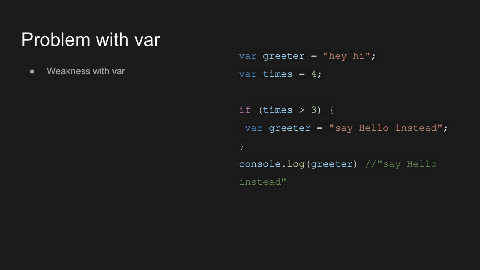While this is not a problem if you knowingly want greeter to be redefined, it becomes a problem when you do not realize that a variable greeter has already been defined before. If you have used greeter in other parts of your code, you might be surprised by the output you get. This might cause a lot of bugs in your code. That is why let and const are necessary.